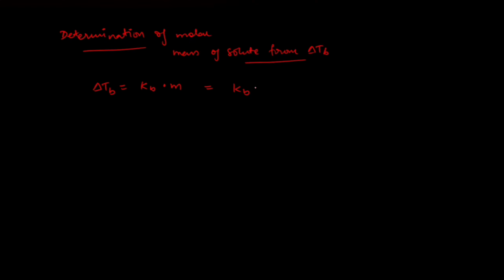Molality can be written as number of moles divided by mass of solvent in kg. If it is in grams, we have to divide it by 1000. So it becomes Kb into NB, which can be written as WB by MB divided by WA, in grams, and divided by 1000.